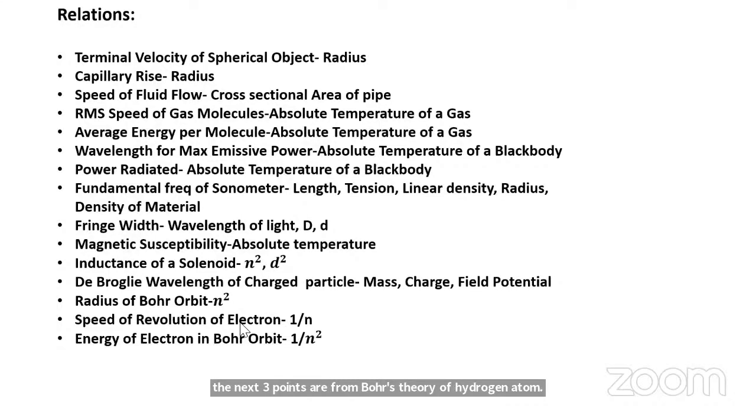How the radius of Bohr's orbit depends on n square. Speed of revolution of electron, how does it depend on principal quantum number? Energy of electron, how does it depend on n square? So this entire list will help you to revise these concepts and to solve MCQs or numericals based on this.